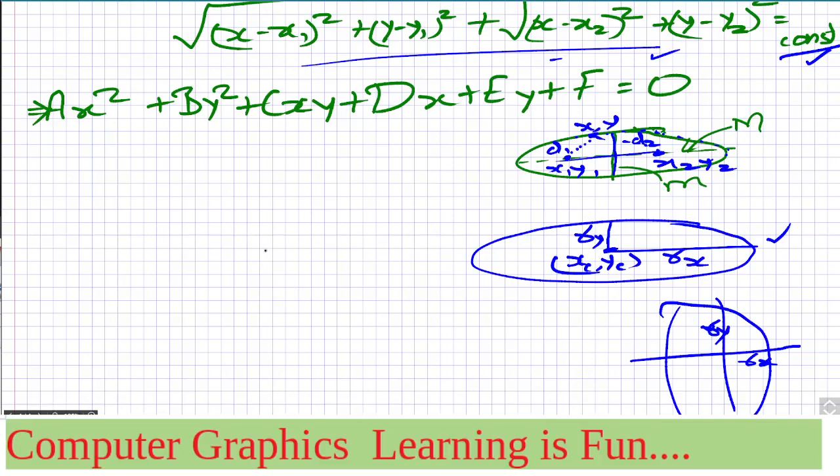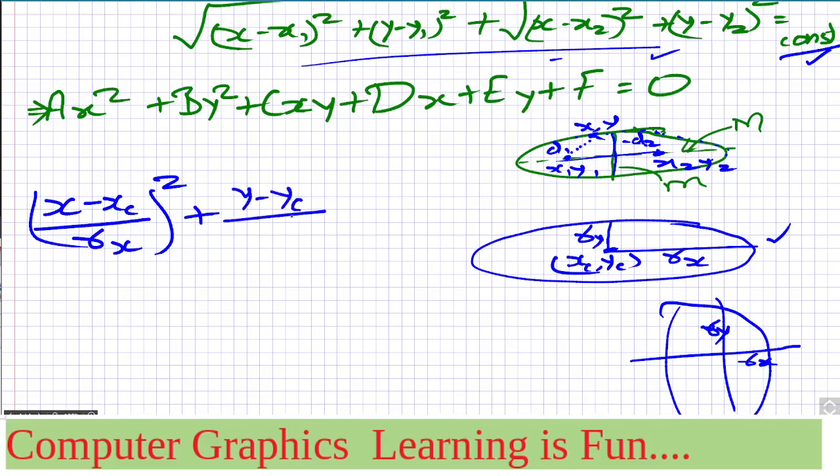Here you can write it as any point x minus the x center upon the radius in x direction, squared, plus the same thing in y direction, y minus yc upon the radius in y direction, squared.